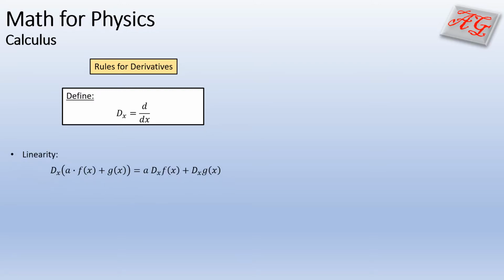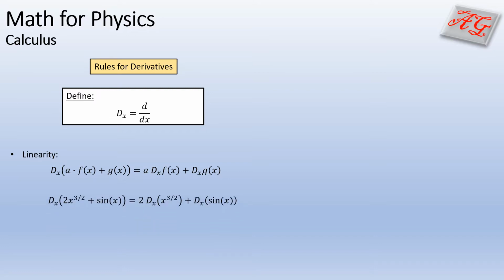The first rule is the linearity of the derivative, meaning that the derivative with respect to x of the sum of two or more functions is the sum of the derivative with respect to x of the functions. And the derivative with respect to x of a function times a constant is the constant times the derivative with respect to x of the function.